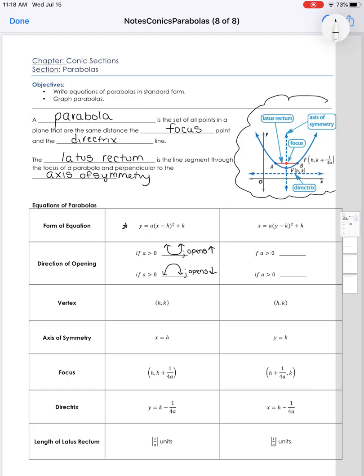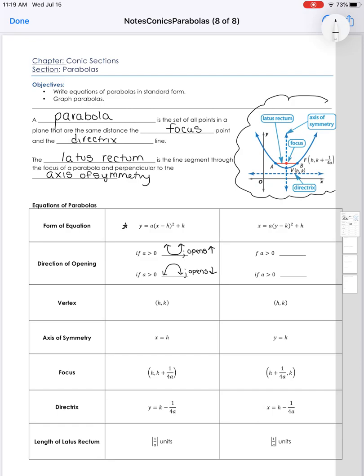The vertex of the parabola, in the past we've had other ways of calculating it. Now what we're going to do is take the standard format equation and pull out the information. So the vertex is your h and your k value. The axis of symmetry is going to be x equals whatever the h value of the vertex is. The focus is a point, and the h value is going to be the same as the vertex.